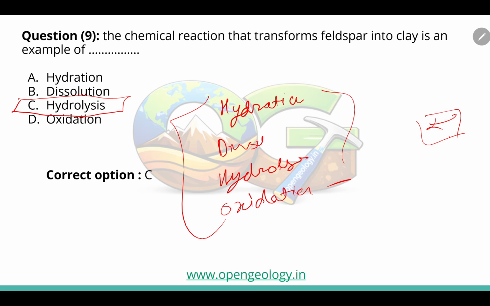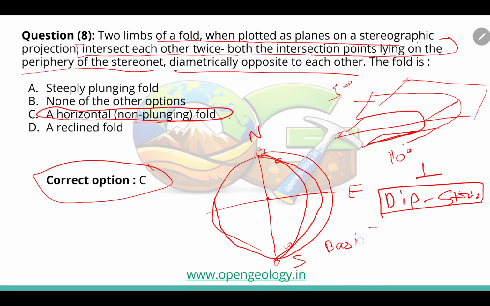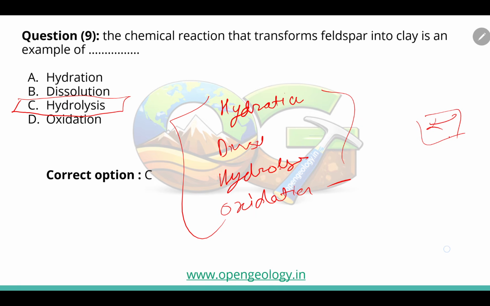Now one thing that I missed: here, what you can learn extra for this exam are the basic concepts of dip and strike. The dip direction and strike direction are perpendicular to each other, and you can learn the basics of the stereonet. So these two things you can learn.